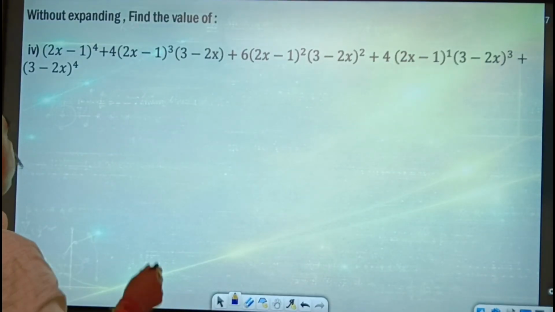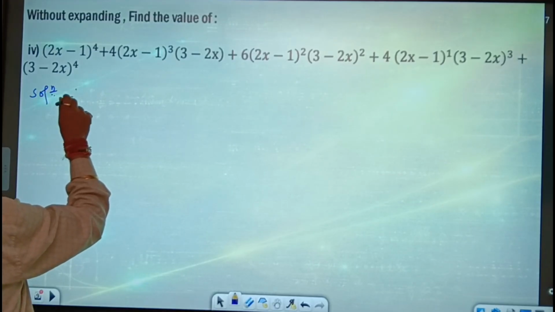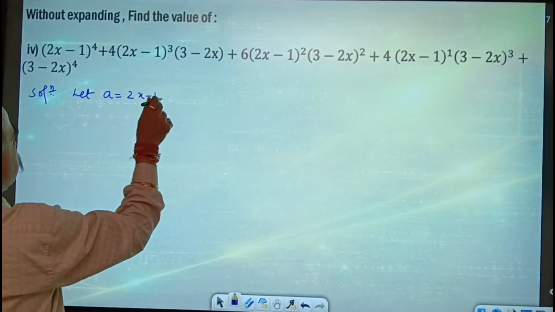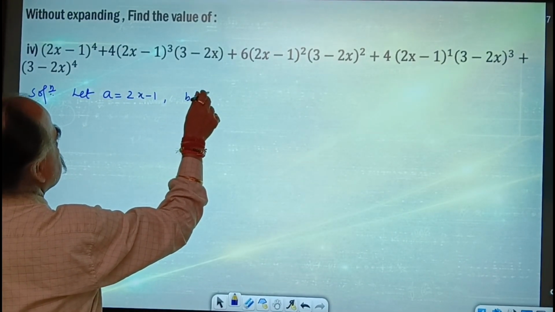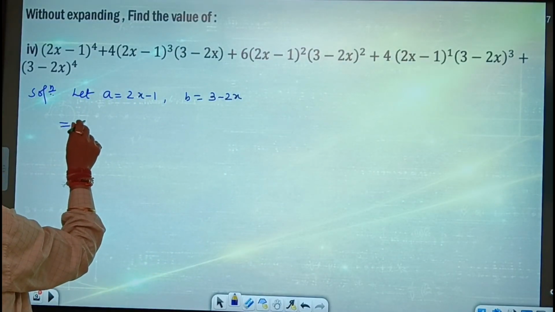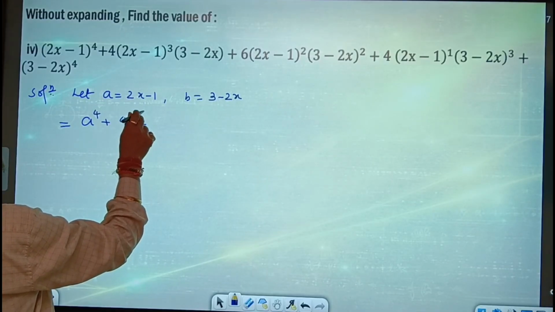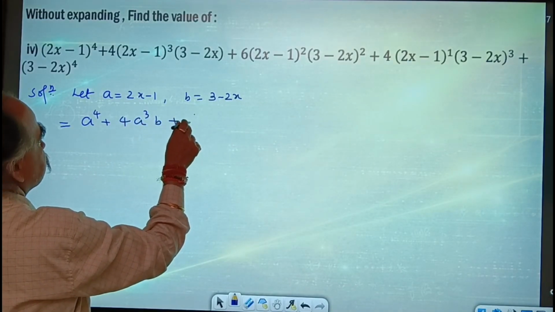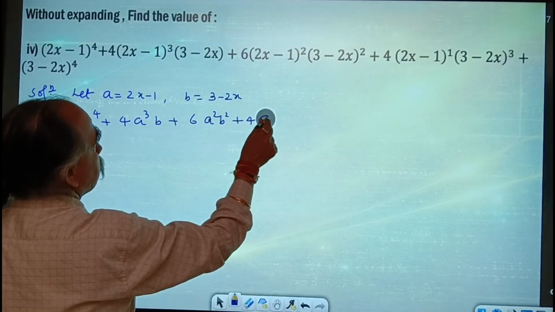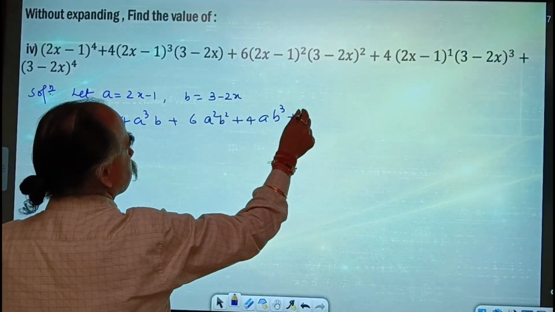Next is also a similar type. Let A be 2x minus 1. B is 3 minus 2x. So this will become A raised to 4 plus 4A cube B plus 6A square B square plus 4AB cube plus B raised to 4.